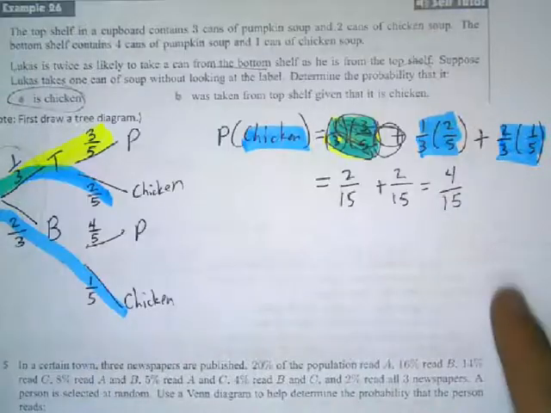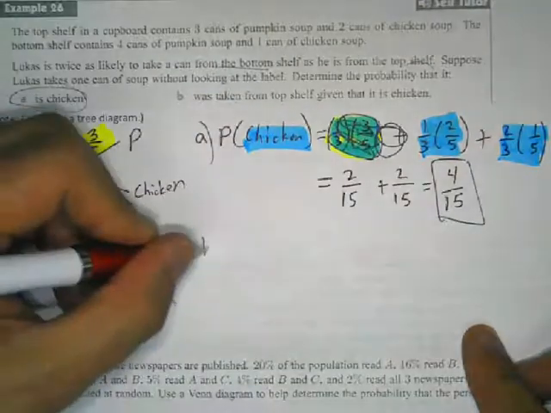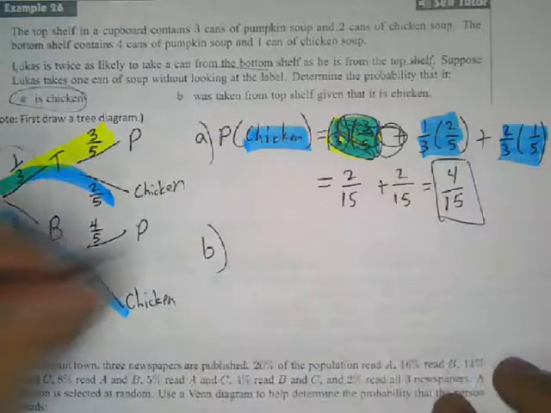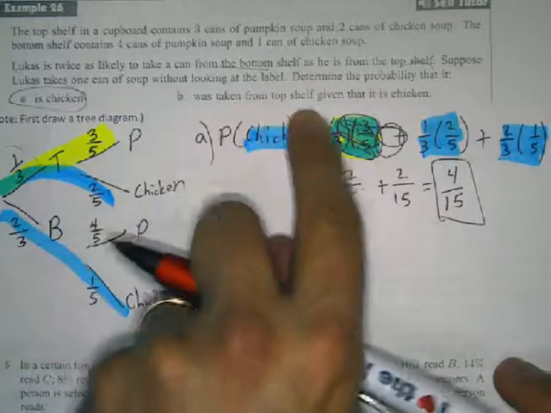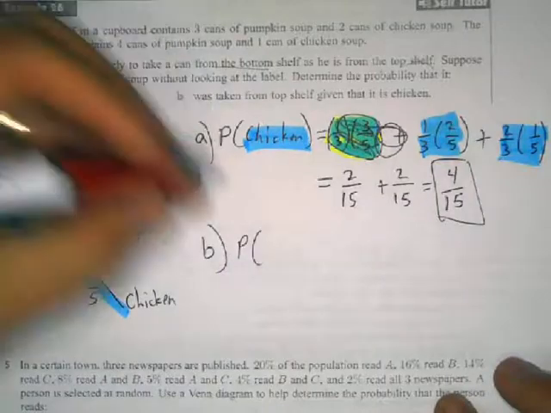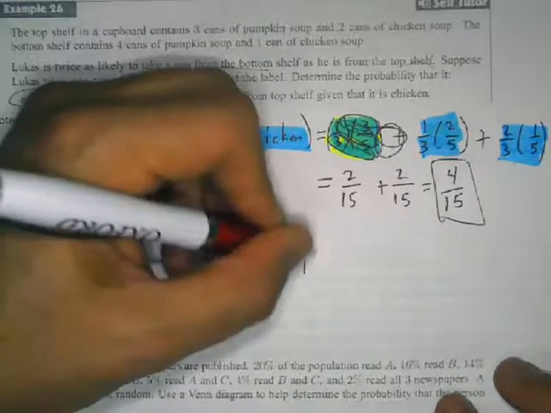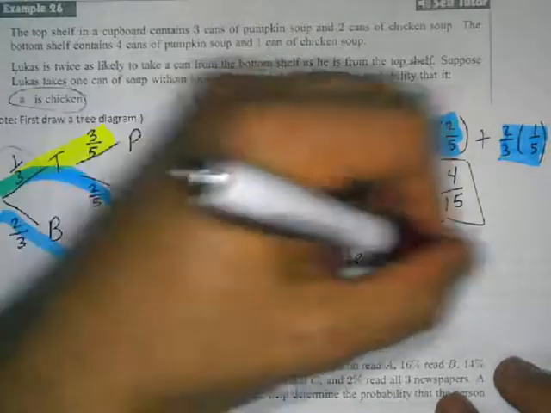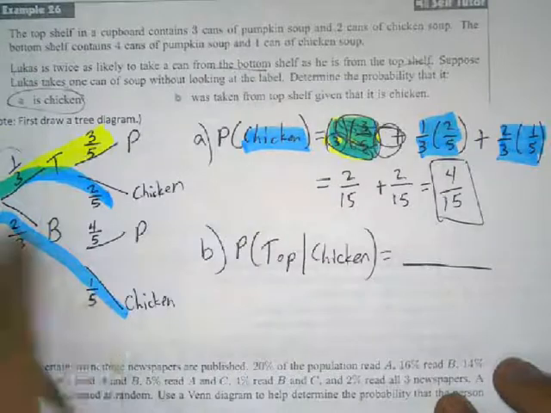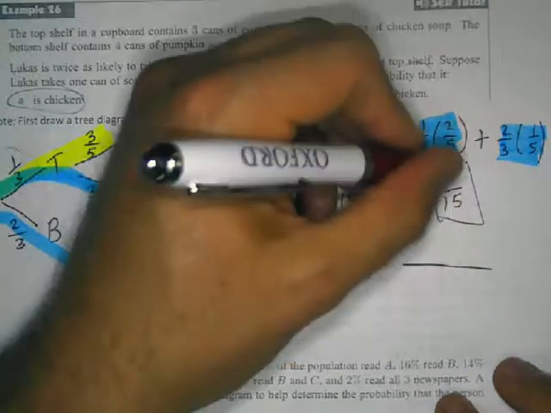Okay, so that's the answer for question A. Now question B says, what's the probability that it's taken from the top shelf given that you like chicken? So the top shelf given that it's chicken. So my denominator has to be the probability that we like chicken, and I already figured that out, that's 4/15.